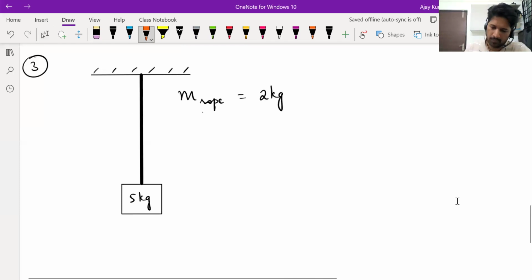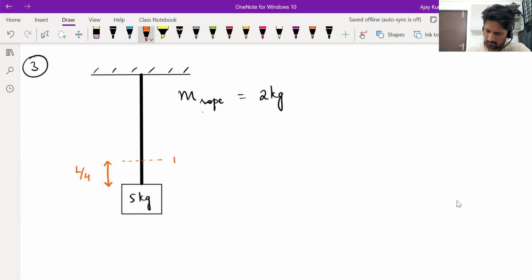Calculate the tension in the rope at this level. This level is at a distance of 1/4 of the length of the rope from below. How much is the tension in the rope at that point?